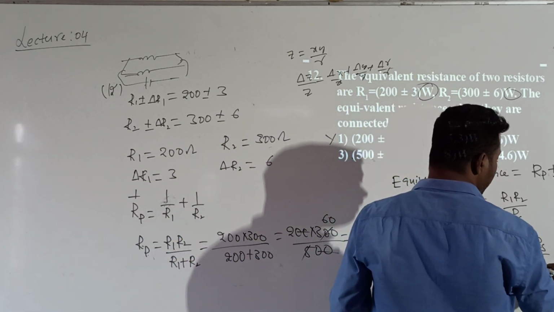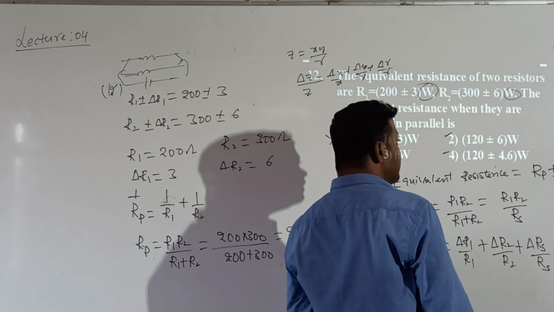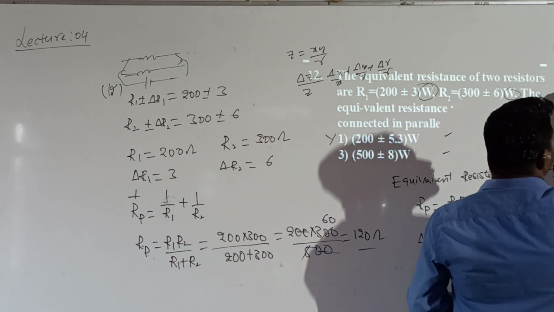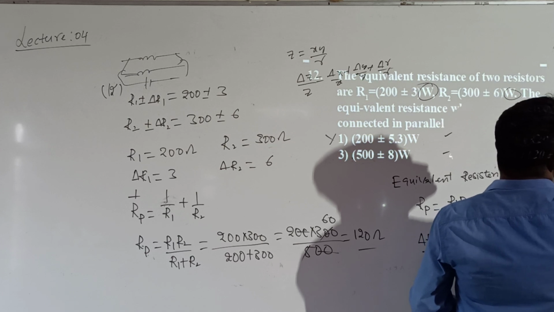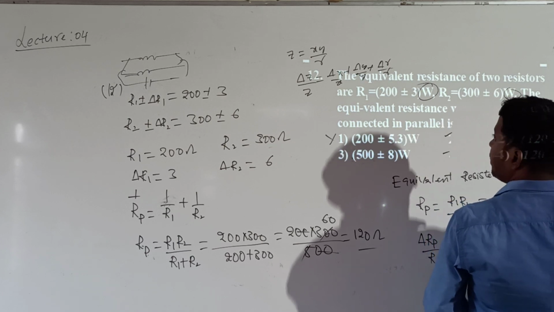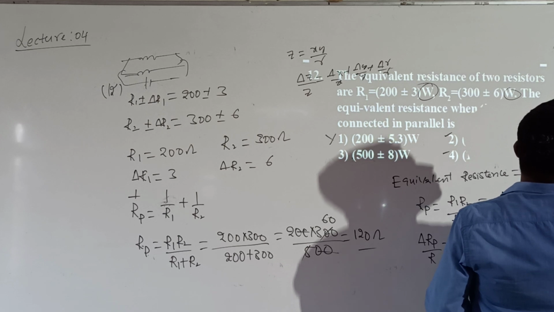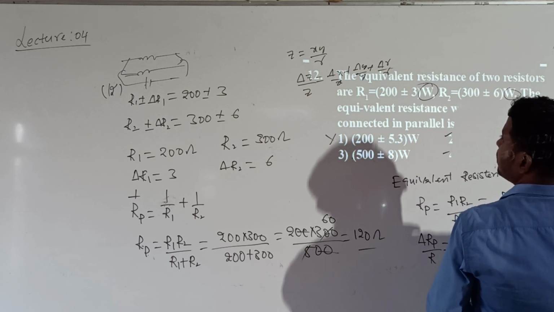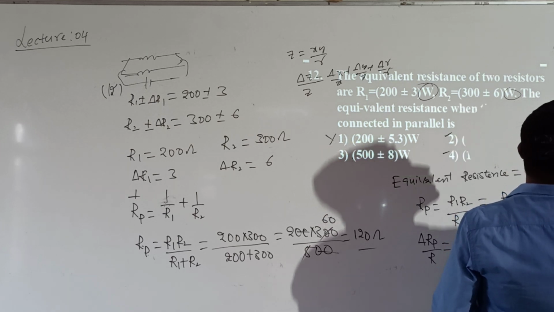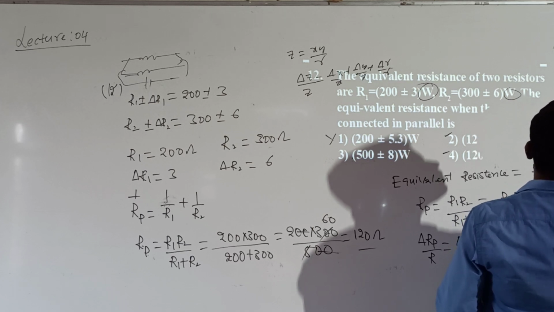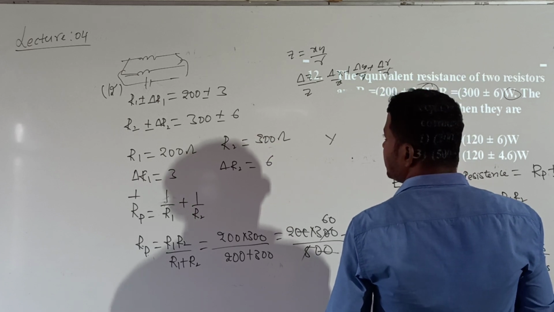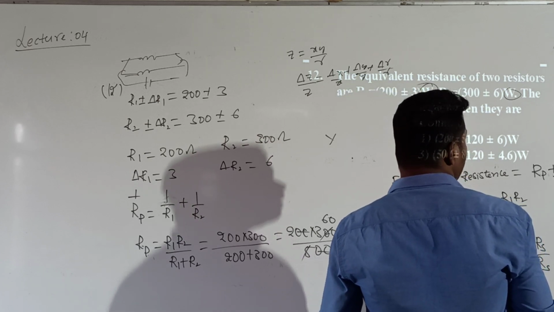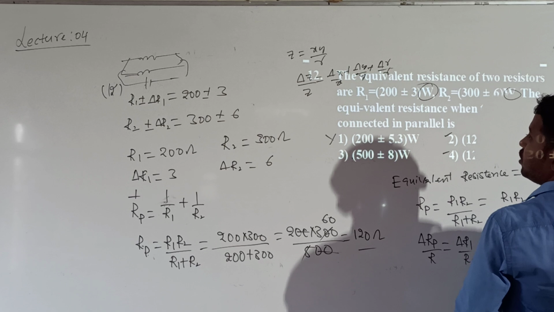Correct? So then what will the answer be? Delta Rp by Rp is equal to delta R1, how much? 3, by R1, how much? R1 value is 200. Plus, what about the next one? Delta R2, how much?